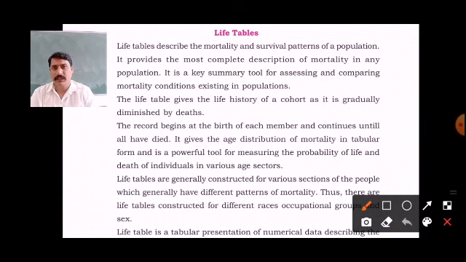For example, suppose on 2001 January 1, how many persons took birth? All of them we put in one single table. On January 1, 2001, approximately 50,000 live births take place, male and female both.